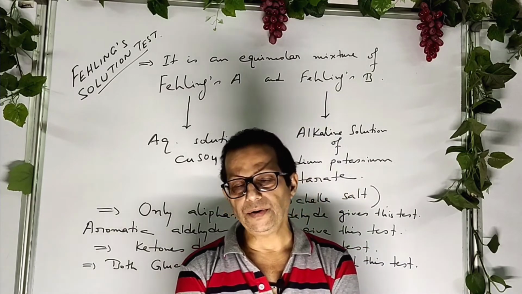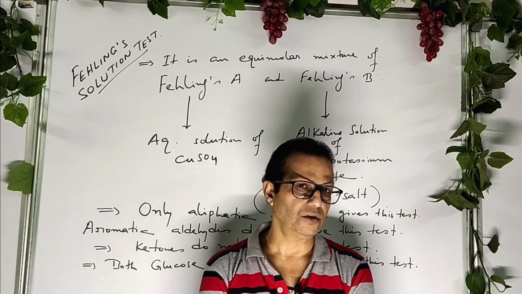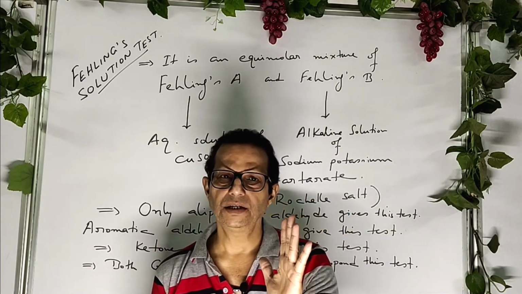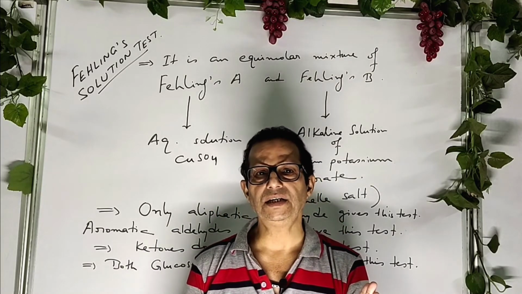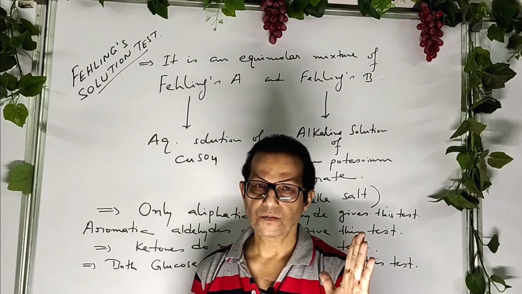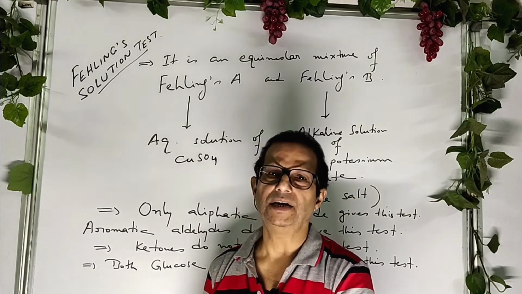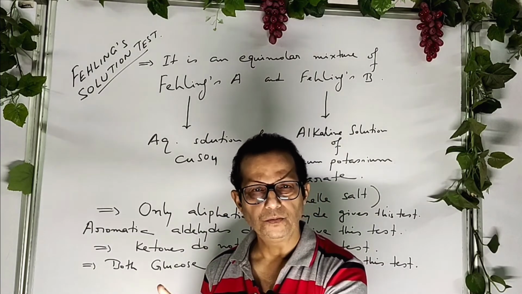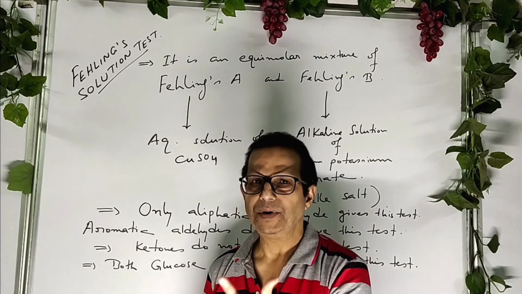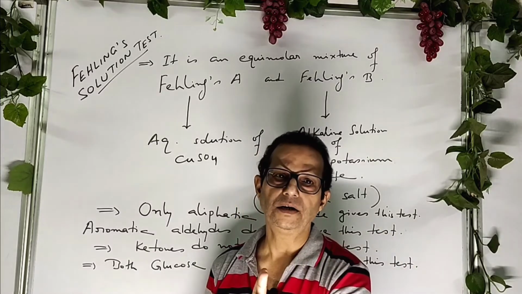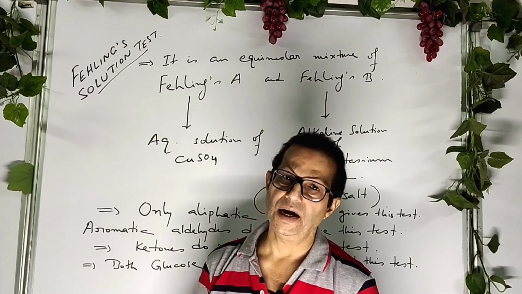So, during Fehling solution test, what happens? Fehling solution acts as oxidizing agent, so it reduces to cuprous oxide Cu2O, which is a red precipitate. So from the color we can identify the aldehydes.